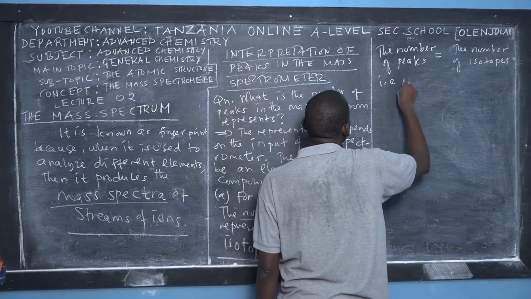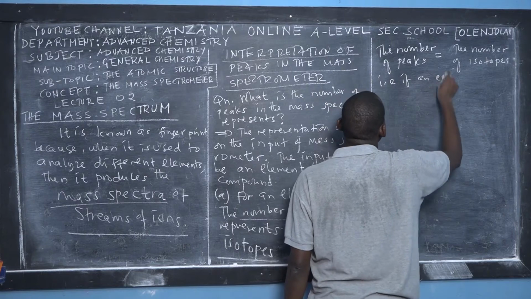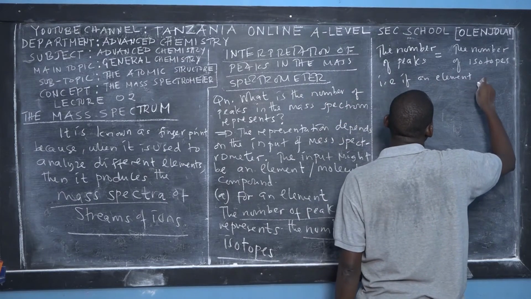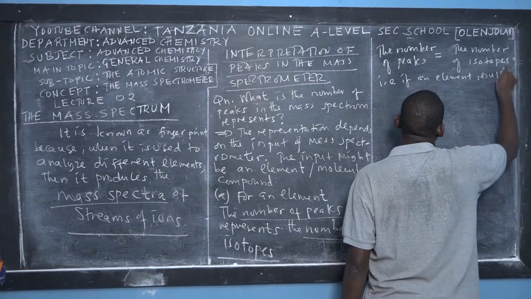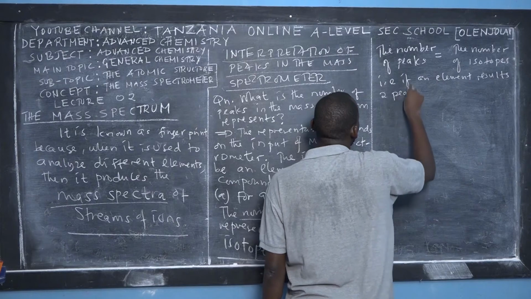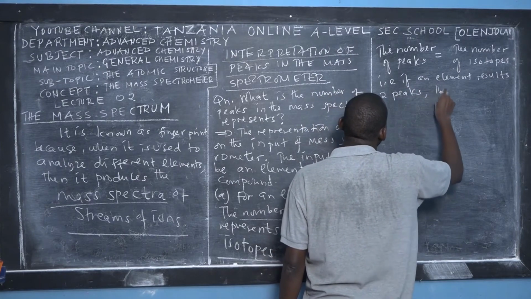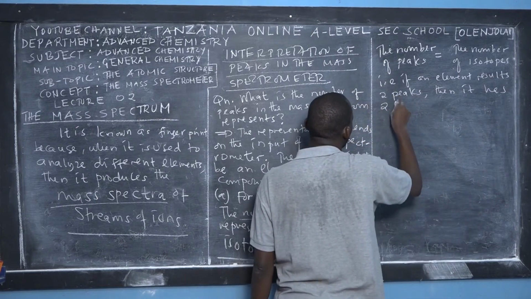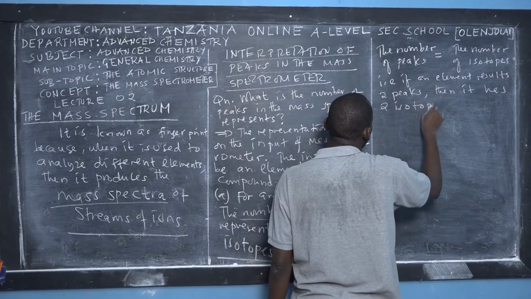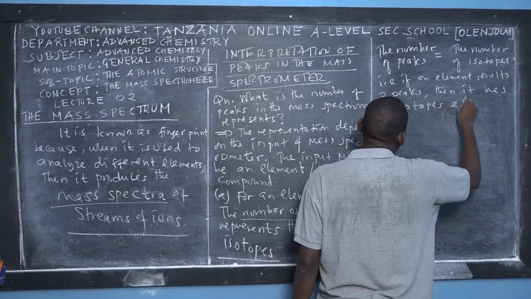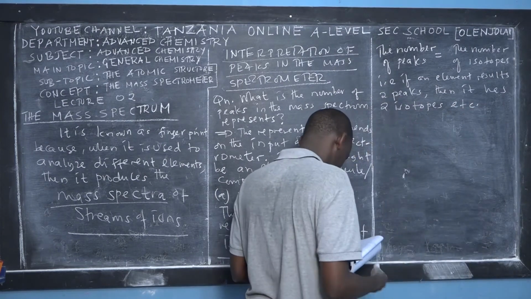That is to say, if an element results in 2 peaks, then it has 2 isotopes. Etc. Okay.